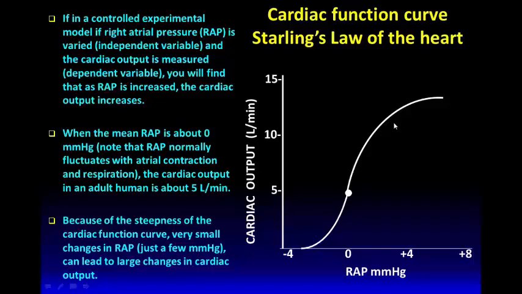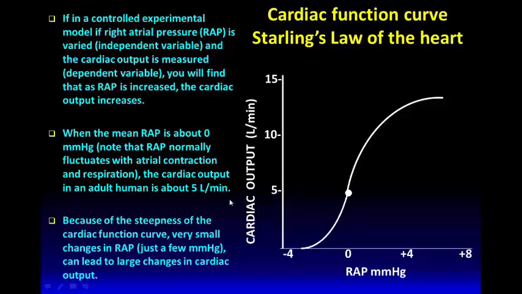From this cardiac function curve, it is evident that an increase in the right atrial pressure results in an increase in the cardiac output. The right atrial pressure is the independent variable which affects the cardiac output.